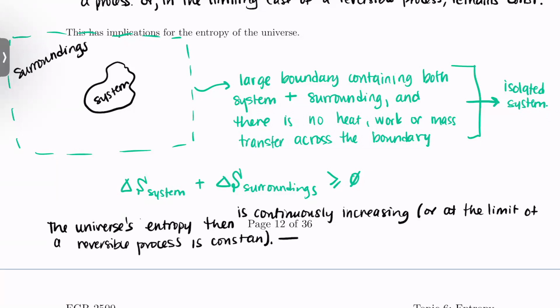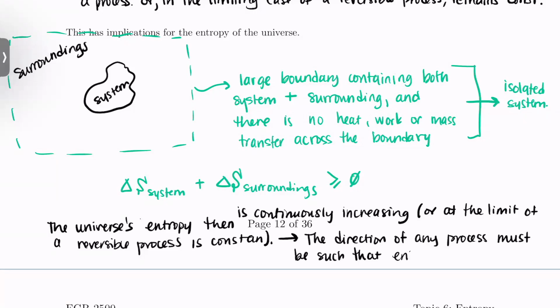All right, so this means that the direction of any process must be such that the entropy increases.